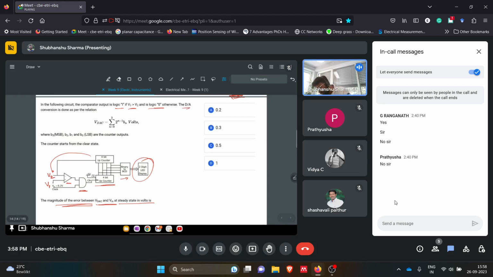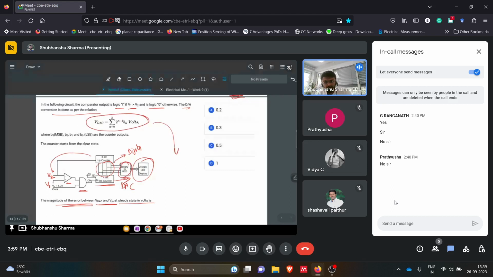The digital to analog conversion is done as per the relation. We have these digital bits here, and they are converted by the DAC, digital to analog, through this binary to BCD converter. This DAC operates on this principle.